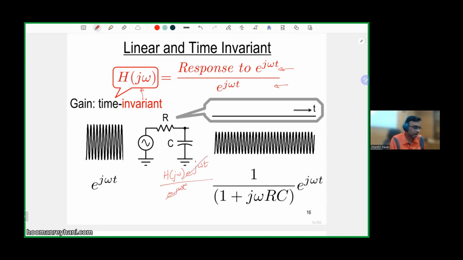So basically, you can interpret this H of j omega. Again, I'm going to reiterate, even though it may sound redundant, H of j omega is the gain experienced by a sinusoid at frequency omega. And because the system is time invariant, the system's properties are not changing. It follows that the gain experienced by the sine wave is also not changing.